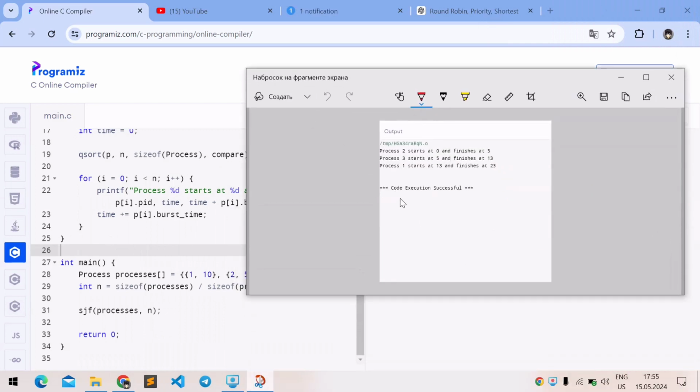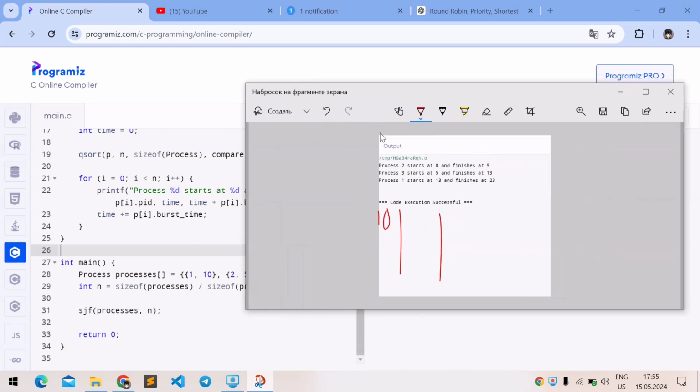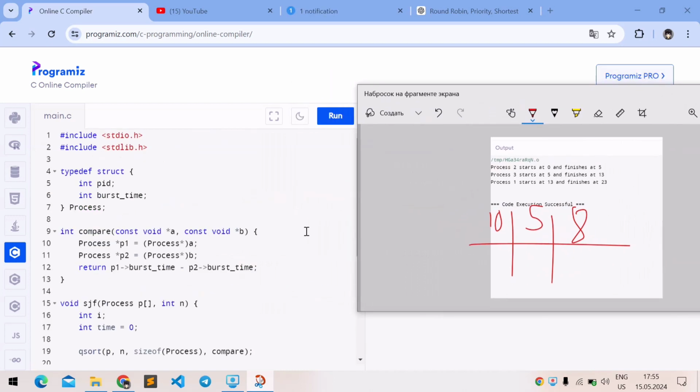We have 3 processes with burst times 10, 5, and 8. First of all, shortest job first will select the process with minimum burst time. In our situation it's 5, and it will run the second process.